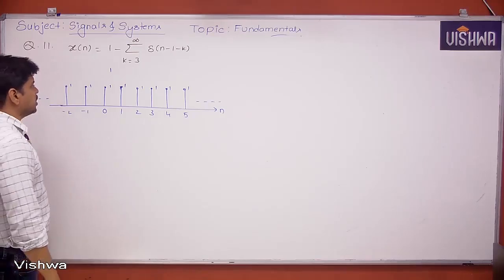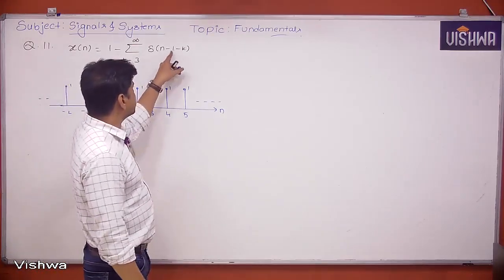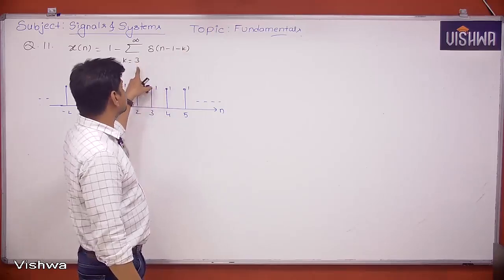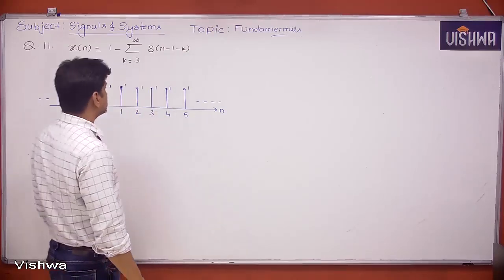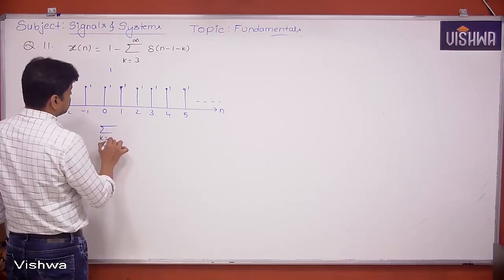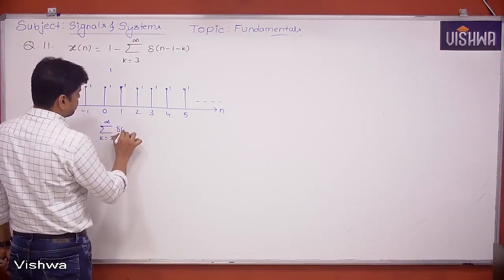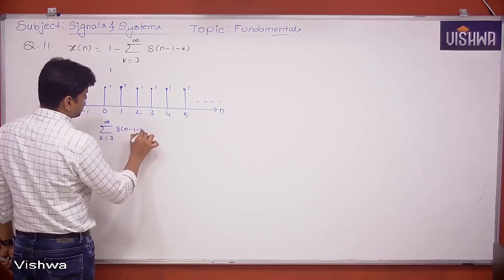Next, can you tell me what is delta(n minus 1 minus k) when k ranges from 3 to infinity? Summation k equals 3 to infinity of delta(n minus 1 minus k).